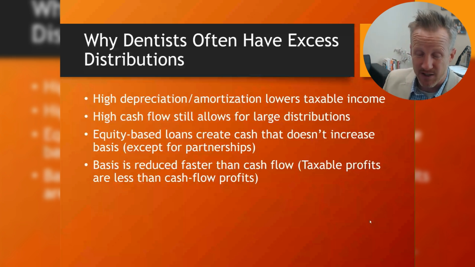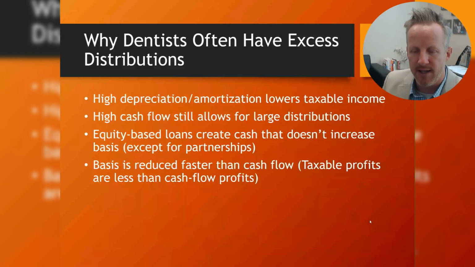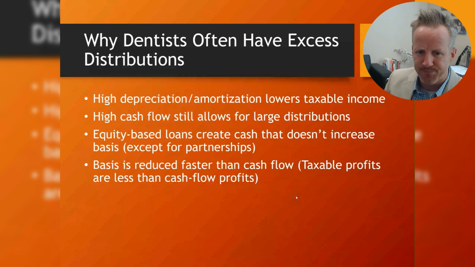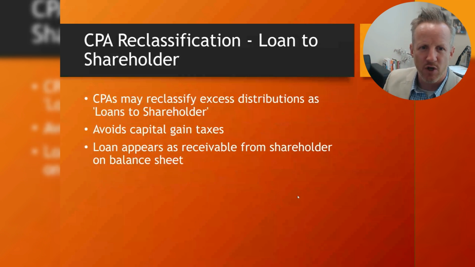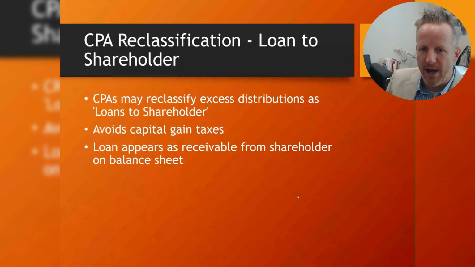But most CPAs are accelerating their depreciation through Section 179 and also this thing called bonus depreciation, where they're shoving all that deduction into the current year, and then your basis goes way down, and then you pull out cash thinking it's okay. So this is why high cash flow still allows for large distributions, even when your basis doesn't allow it.